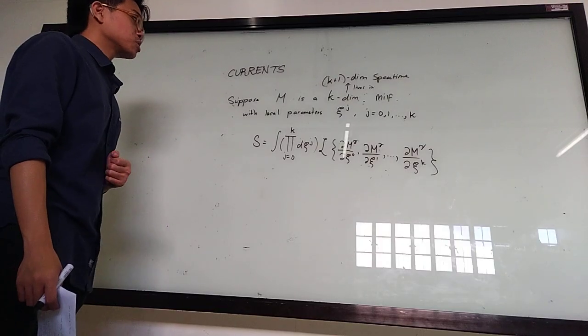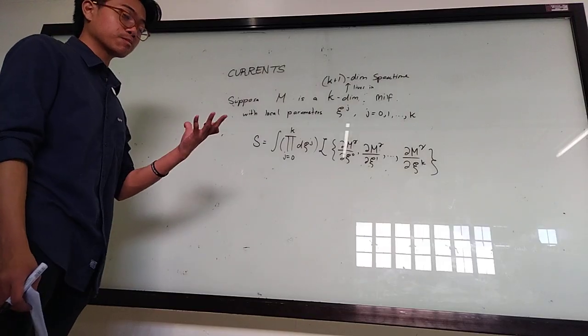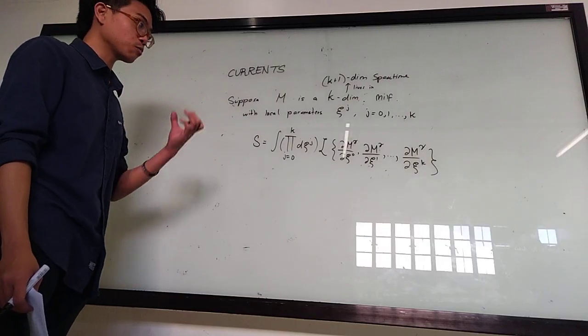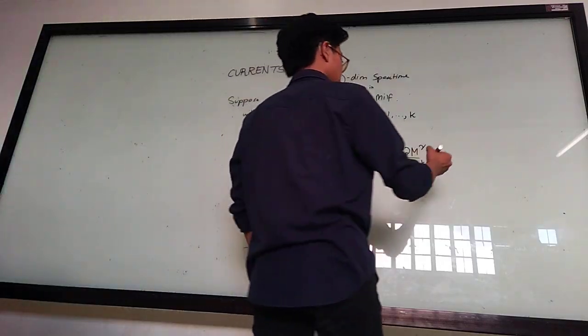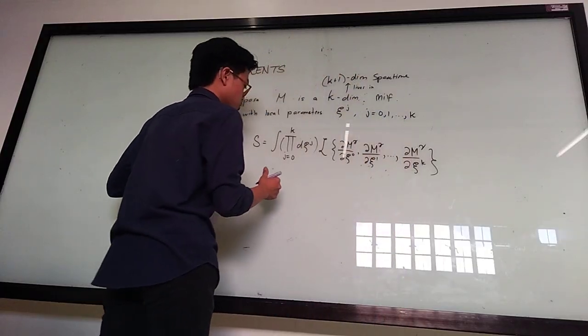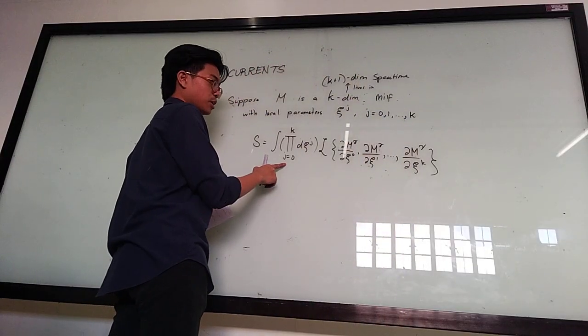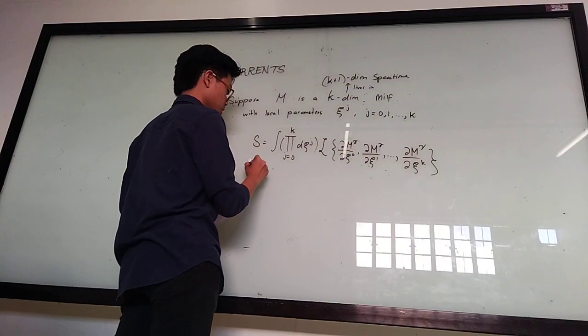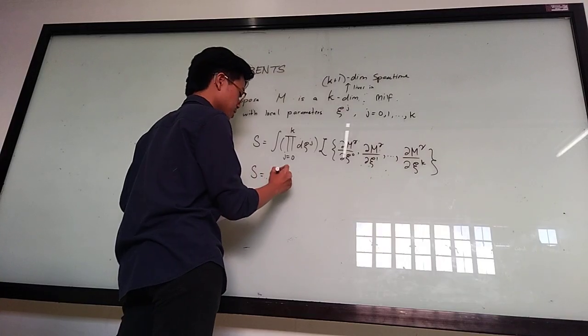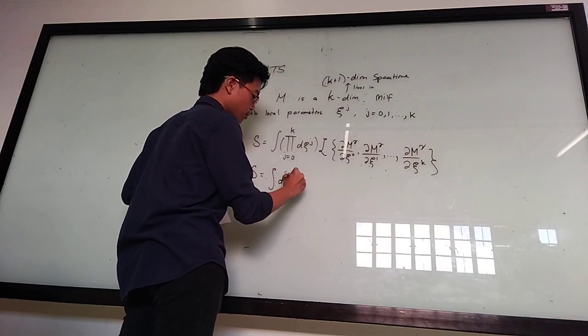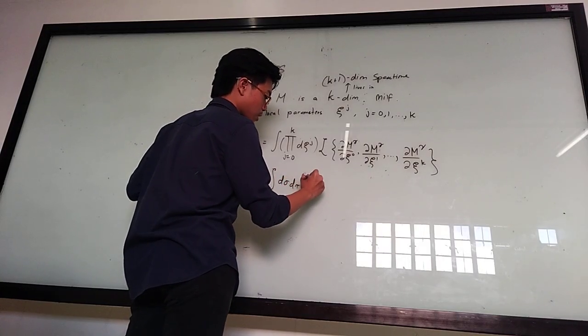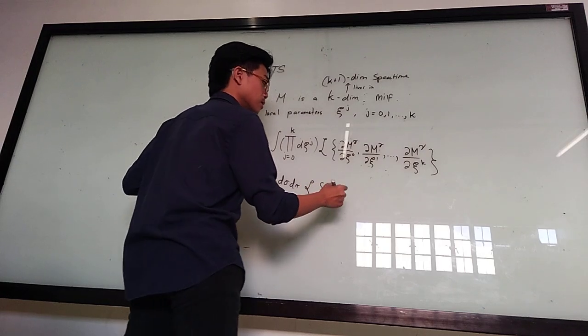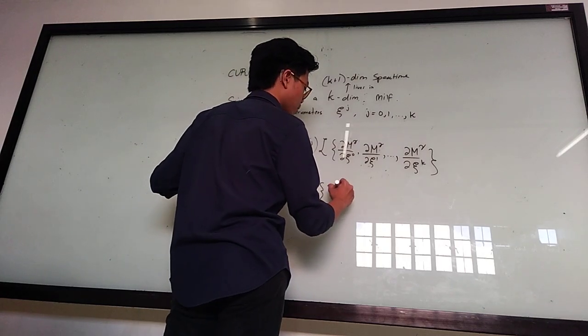Now, because we're only considering a two-dimensional case, because that's the best we can comprehend and do physics with, we take k to be 1, essentially. So it reduces to S is equal to the integral of d sigma d tau, the Lagrangian.